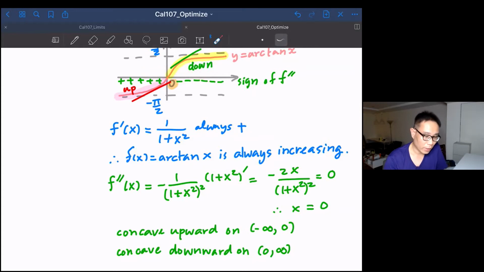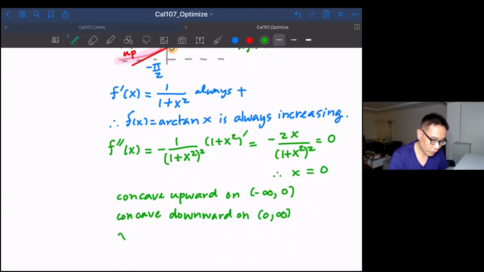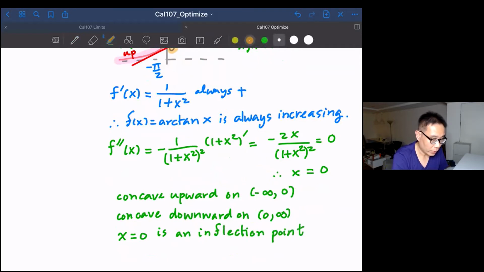So you're gonna also conclude that x equal to 0 is an inflection point. Okay, so this guy is the orange one. So that will be this example.